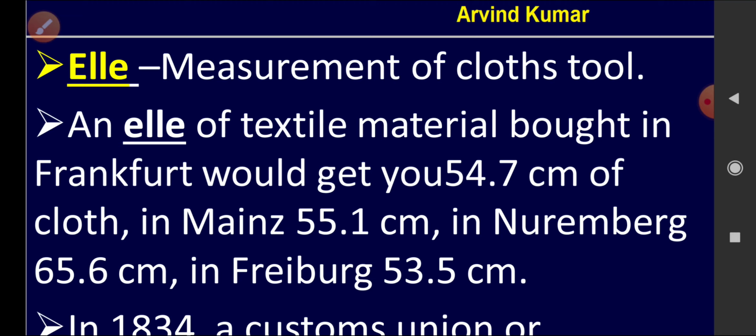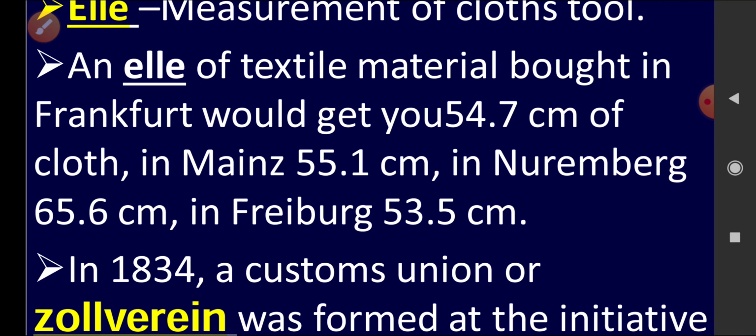In Frankfurt it was 54.7 centimeter of the cloth for one. In Mainz it was 55.1 centimeter. In Nuremberg it was 65.6 centimeter, and in Freiburg it was 53.5 centimeter. So this LE was adopted. It reduced all these barriers, and now the measurement of cloth was similar for all these states.